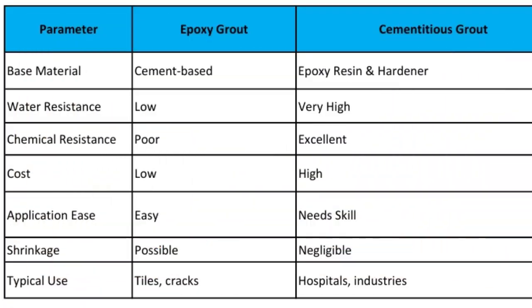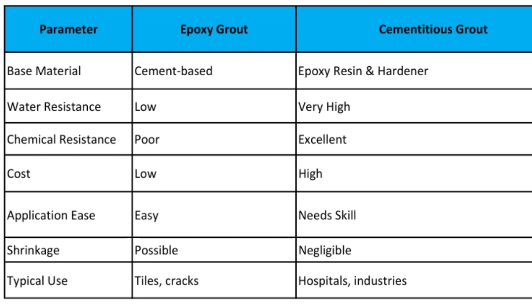Now the next part is the comparison between epoxy and cementitious grout. First, the base material: cementitious grout is cement-based, and epoxy is epoxy resin and hardener. So that is the clear difference in base material. Now what about water resistance?